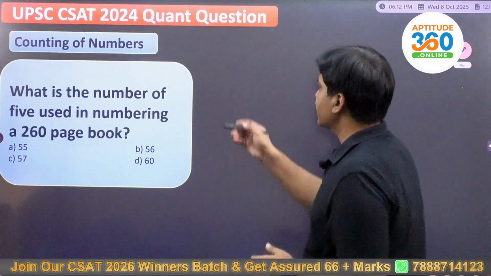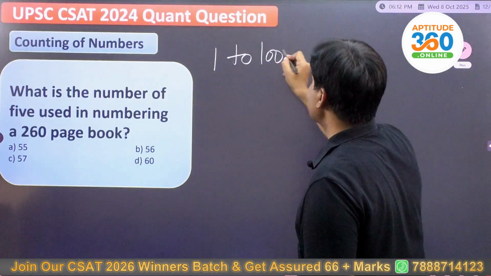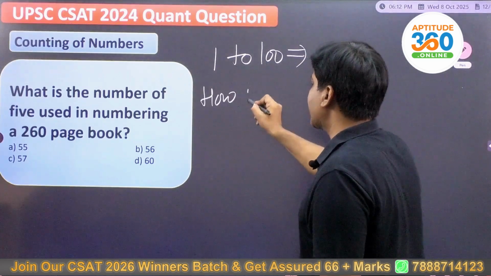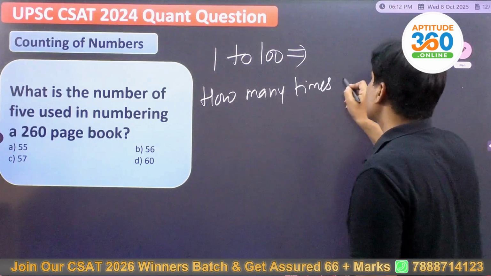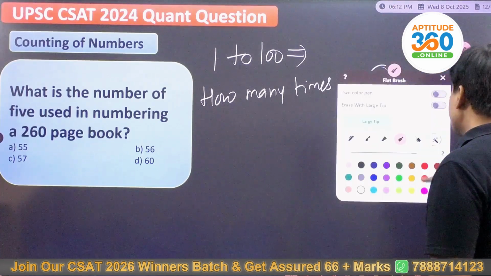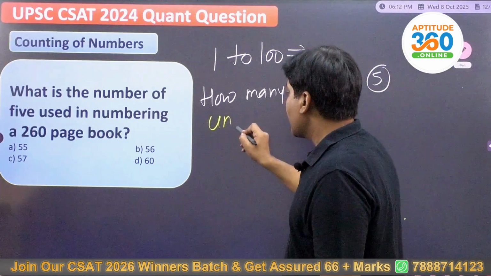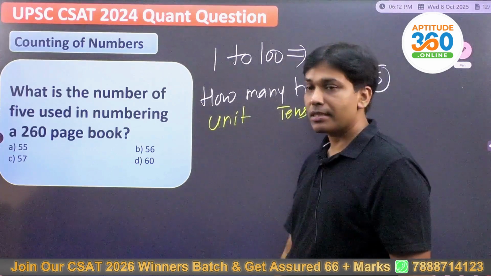How do I start? Can I say from 1 to 100? Please see that. How many times are we using 5? 5 is written 20 times. Let us say you have 5 at unit places and then at tens places.